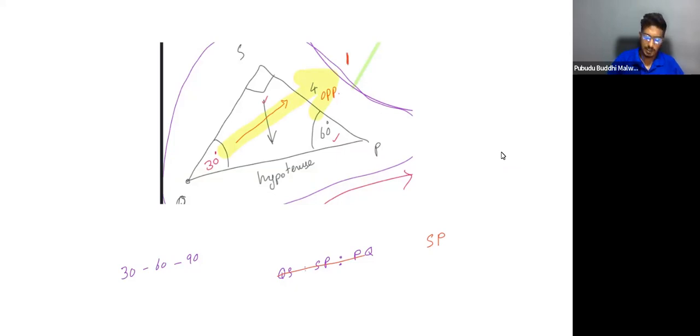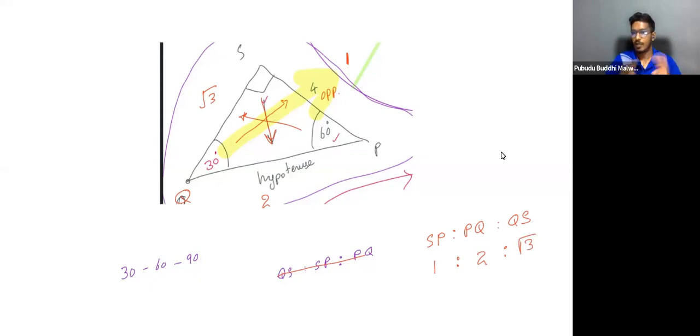Then for 60 degrees, the opposite side of 60, that's 2. No, that's root 3. Sorry, that's root 3. Then opposite of 90 degrees, that's 2. Like that. So SP, PQ, QS. So SP, that's 1, PQ, 2, and QS, root 3. That's the ratio.